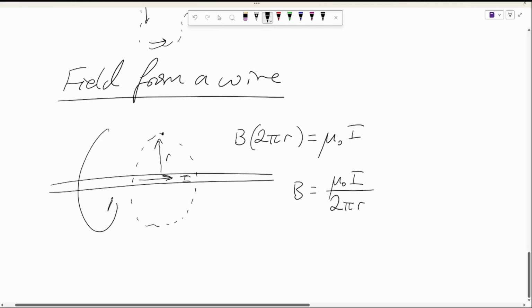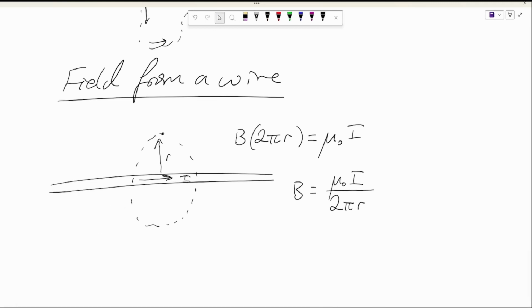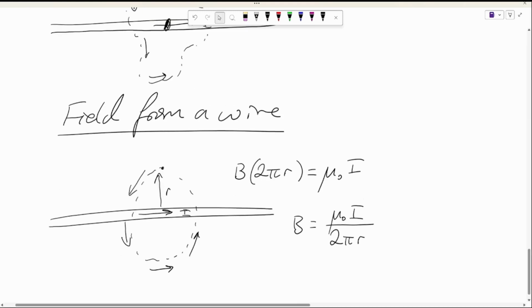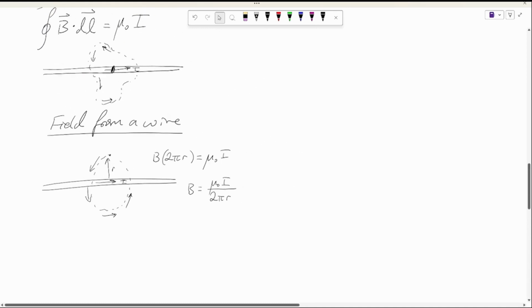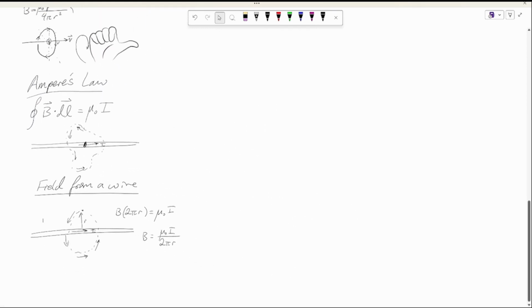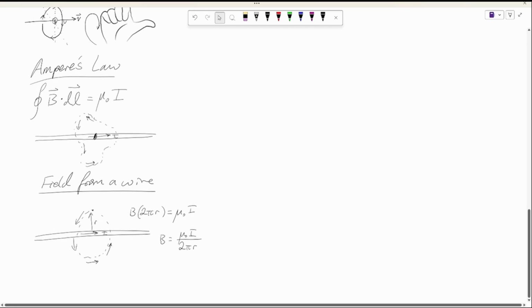Because of that, it's always going to be exactly parallel with this circular surface we drew, so we can simplify the integral down to this. Alright, so that is field from a wire. This is the same thing as above. You can use the right-hand rule. If you point your thumb along the direction of current, your curling fingers will show you which way the B field is around it.